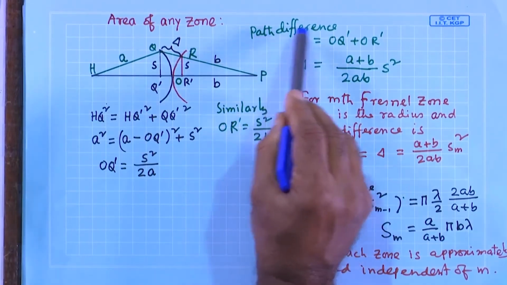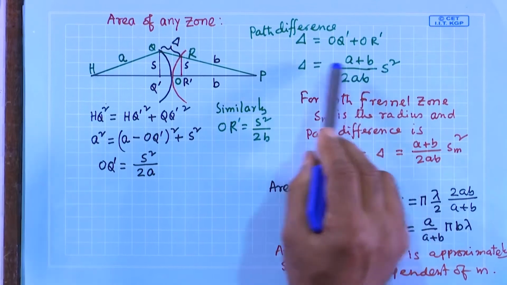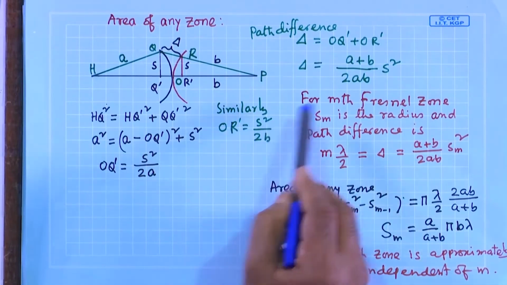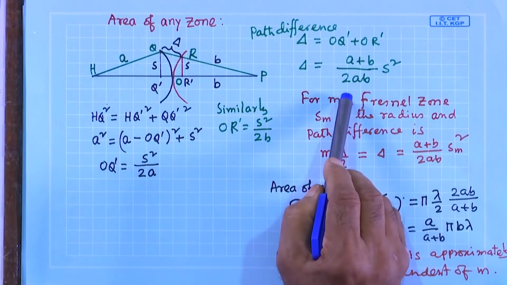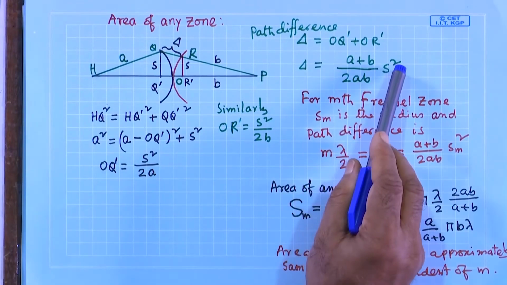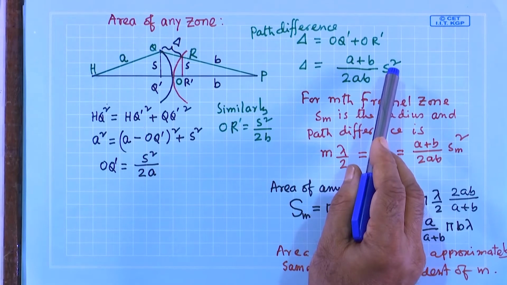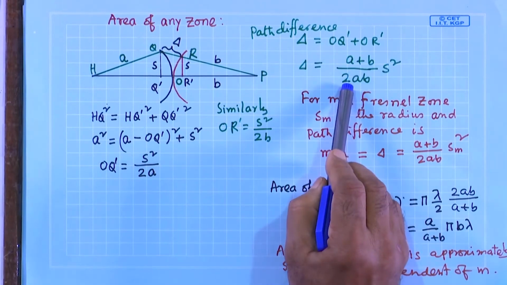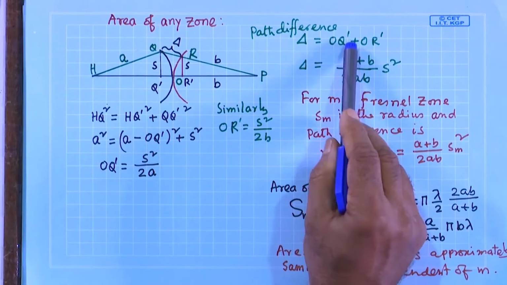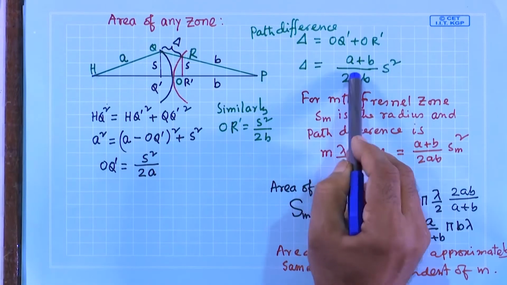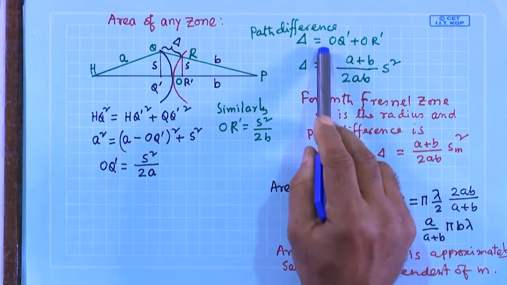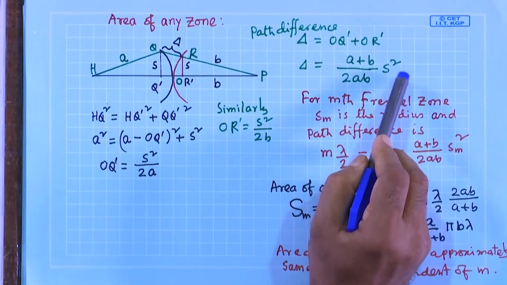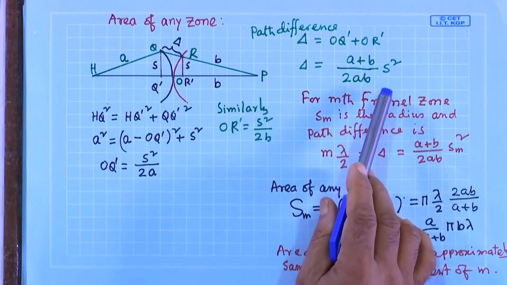So the path difference delta you get from these two contributions, this plus this: (A plus B) divided by 2AB, into S square. This can also be written as half of (1 by A plus 1 by B) into S square. In that form also one can write.